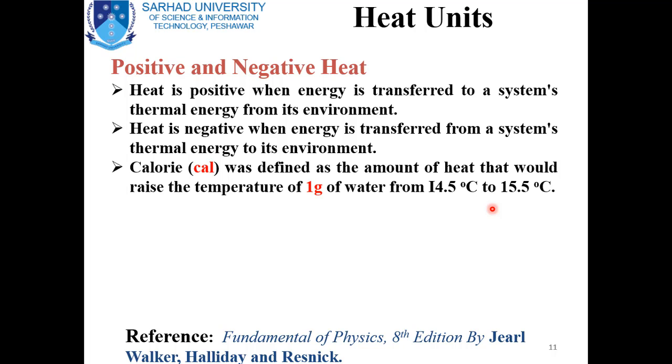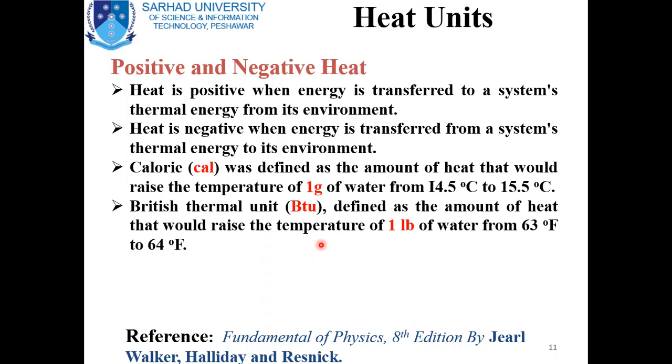That is, when a 1 gram sample of water is taken, and we raise the temperature of that sample from 14.5 degrees centigrade to 15.5 degrees centigrade, that is, the temperature difference is 1 degree centigrade, then that amount of heat which is transferred is known as 1 calorie.